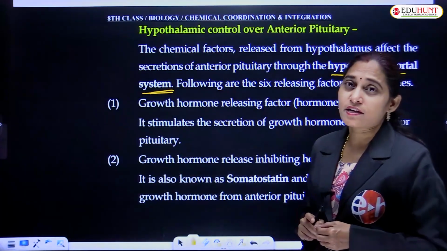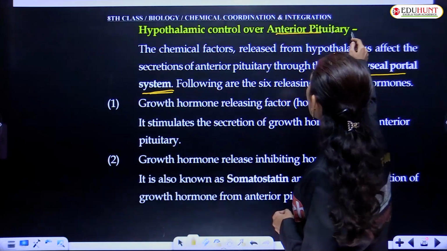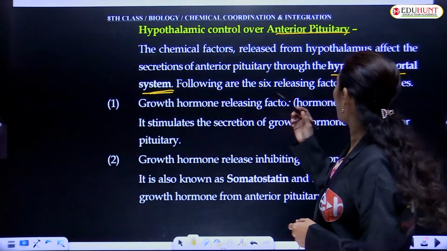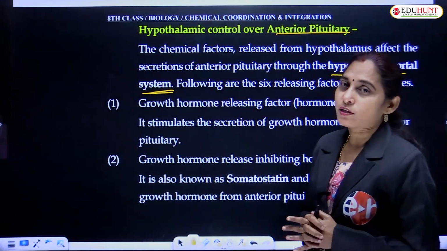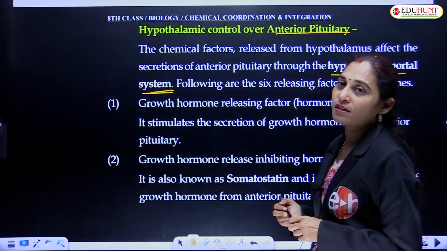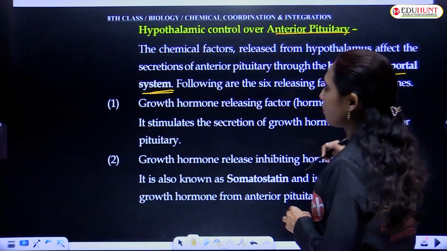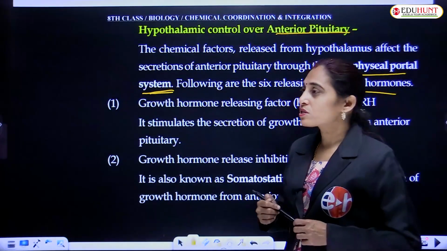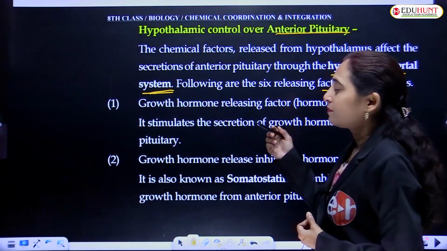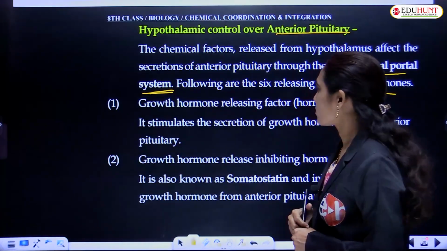There are 6 factors, also known as hormones, which affect the other hormones.